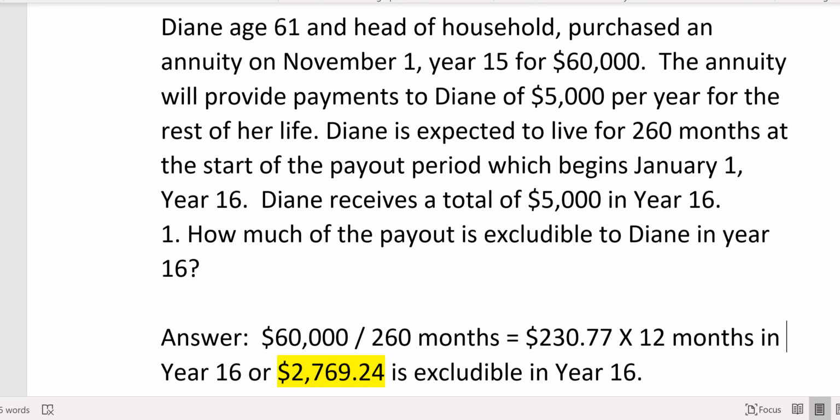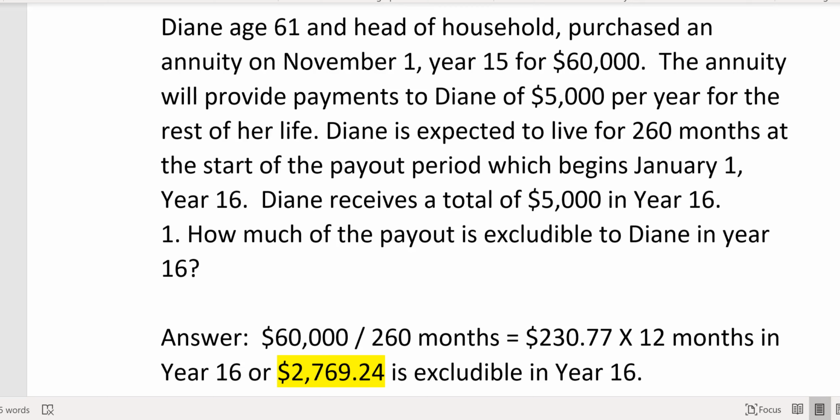So to get the excludable portion, you would take the investment itself, divide by the life expectancy, and since the life expectancy is given at 260 months, the outcome of this division problem would be your excludable monthly amount. So the $60,000 investment divided by 260 months tells you that every month $230.77 is the excludable portion.